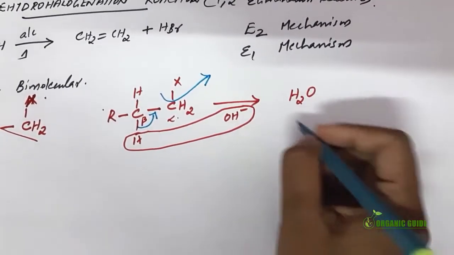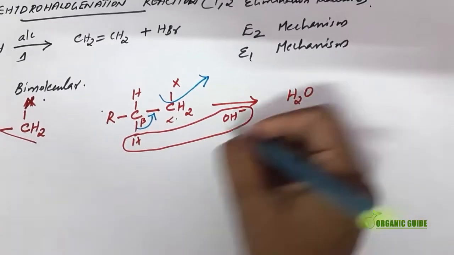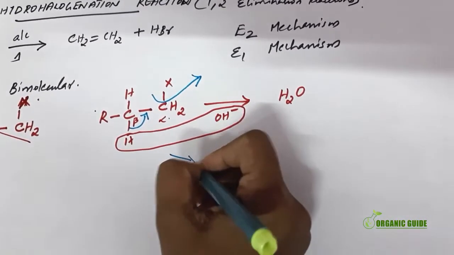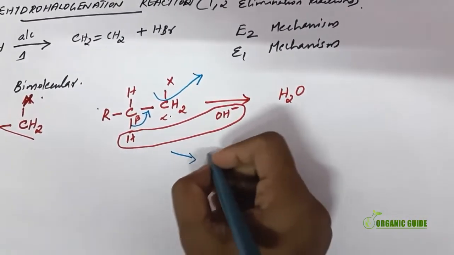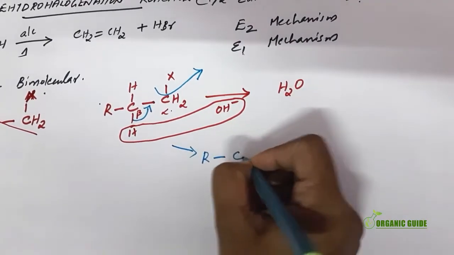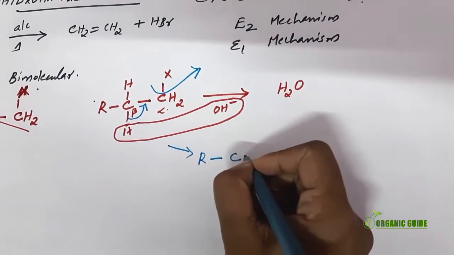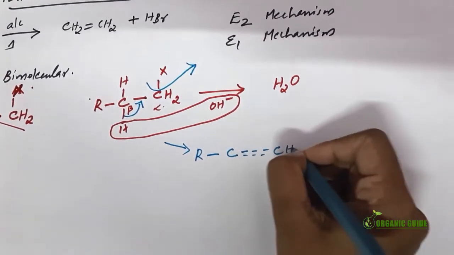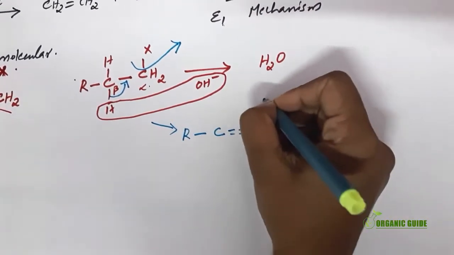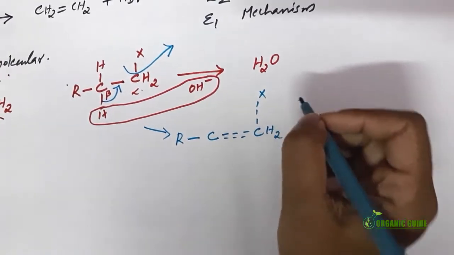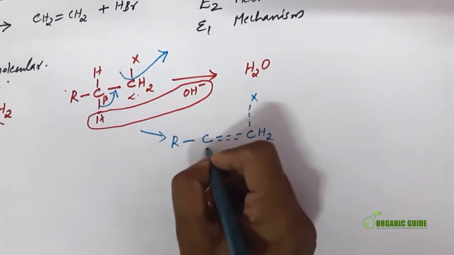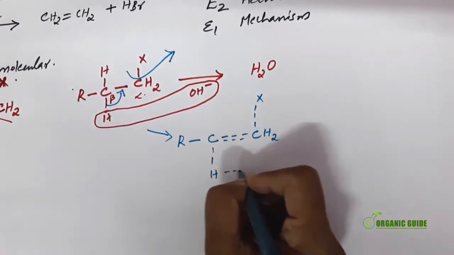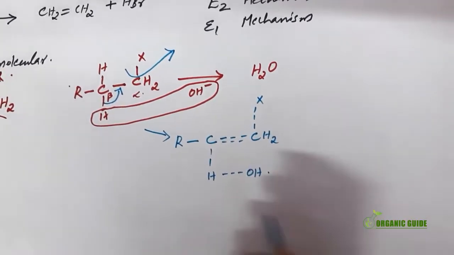So the transition state is, that I am writing in another color, this R, C, okay.